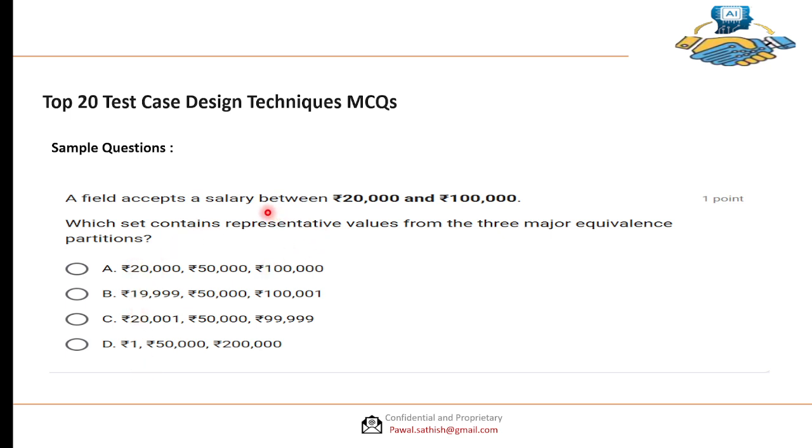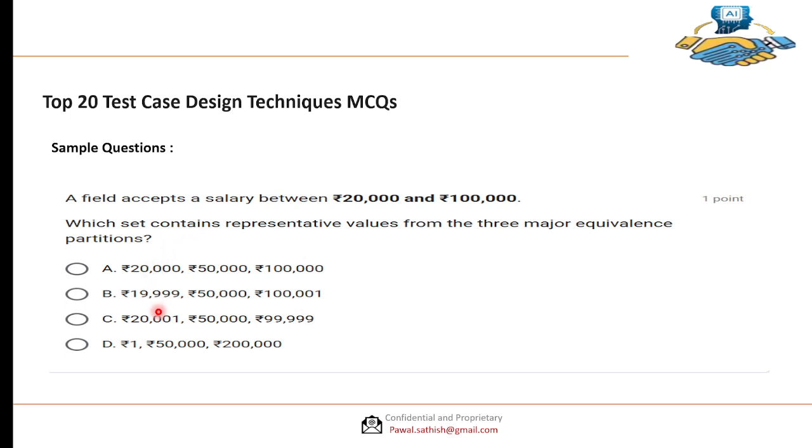Here the field accepts salary between 20,000 and 1 lakh, and it asks for the three major equivalence partitions. So we need to understand the concept of equivalence partition, and from that understand the valid and invalid boundaries, and then select the best option.